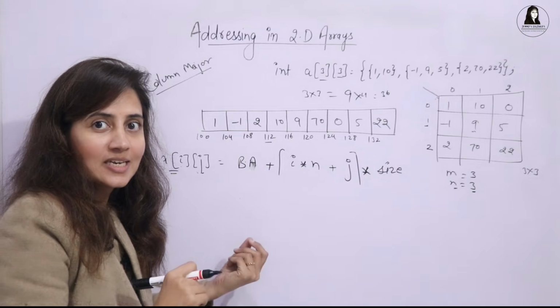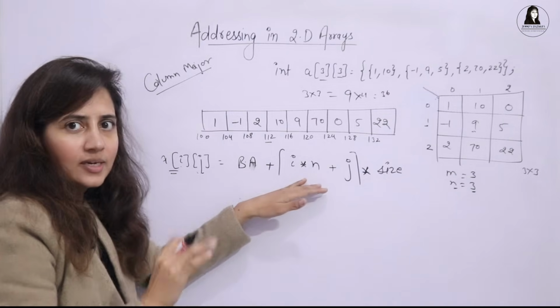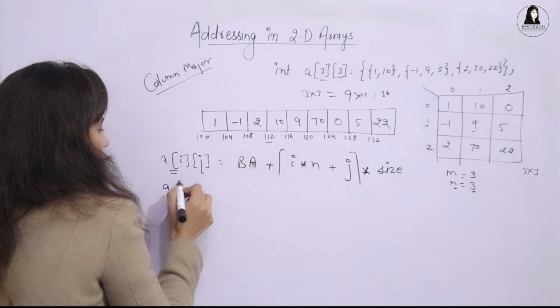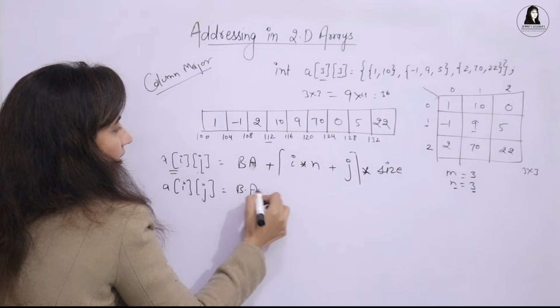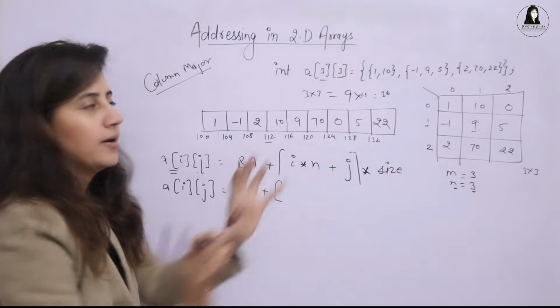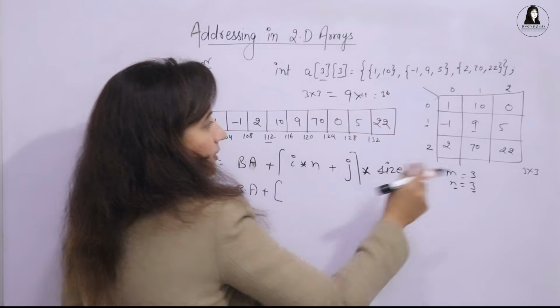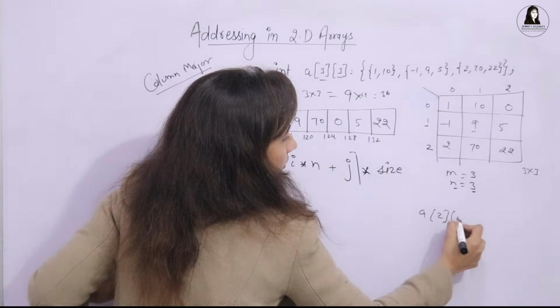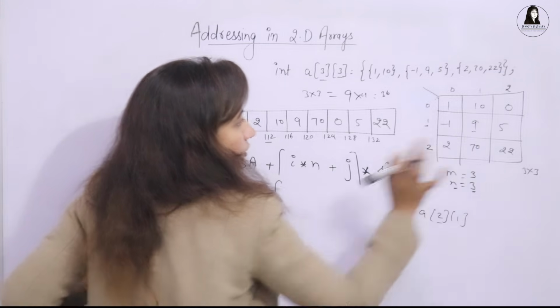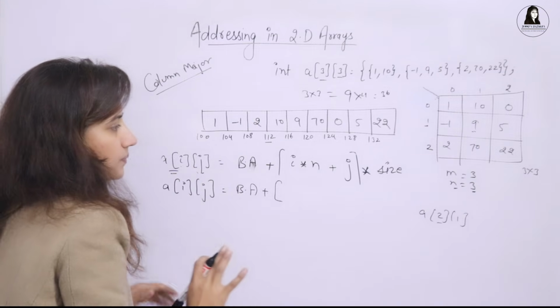So now how is this addressing to be done? What is the formula in this case? If you get this formula, then it is very easy for you to get the second one for row major. I and j, same; in base address, what are you going to add? So if you take this example, suppose I'm taking this example this time, A of 2 and 1, second row, first column, right? Okay.